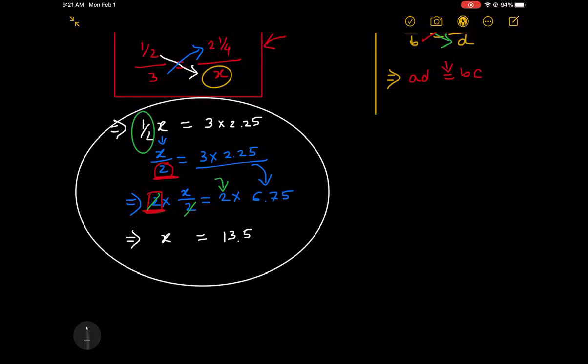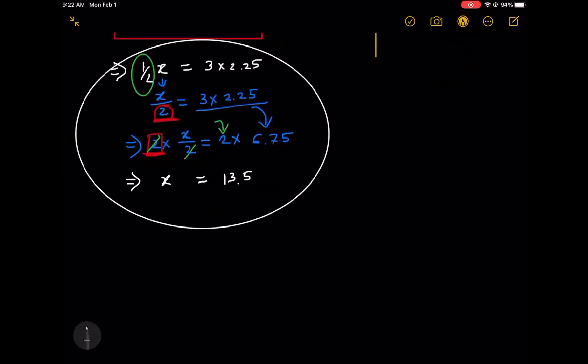So different regions have their own different measurements. So you need to know the conversions, because the question might give you a unit which you don't really know. If you don't know, you can't really solve it. That's the problem. So you need to know the conversions.